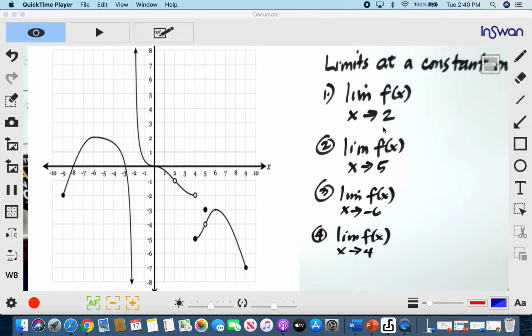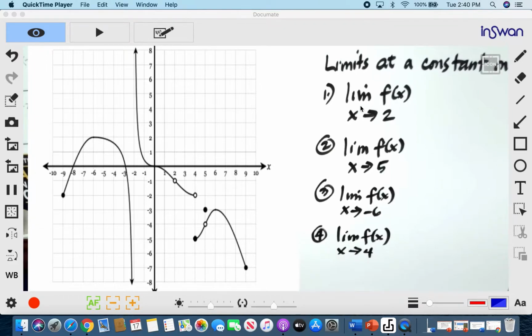Now, remember, the limit exists if from the right and left of the function, coming from a certain constant x, they will approach the same value of y. If it's different, therefore, the limit will not exist. So we should have a particular value of y that could approach your values from x from left and right.